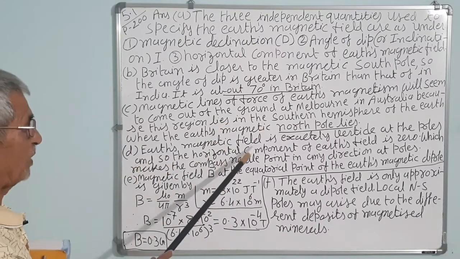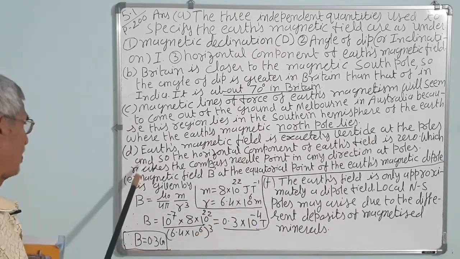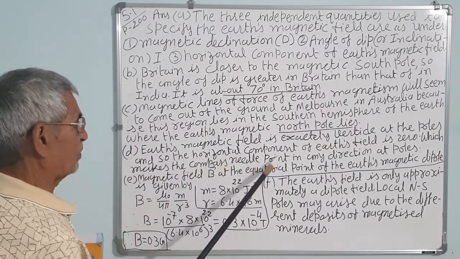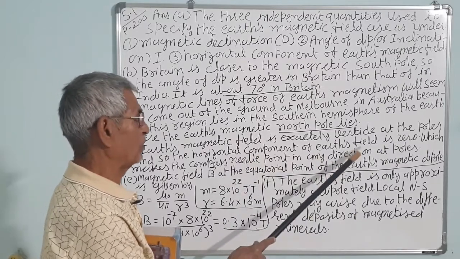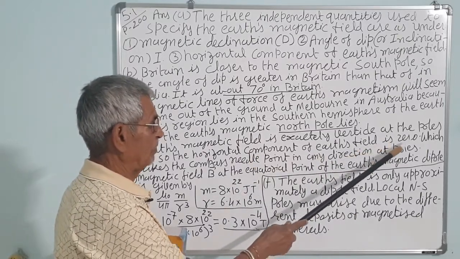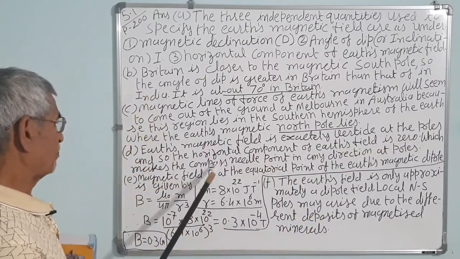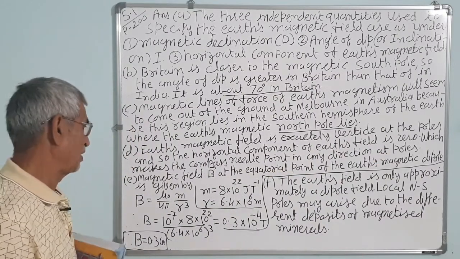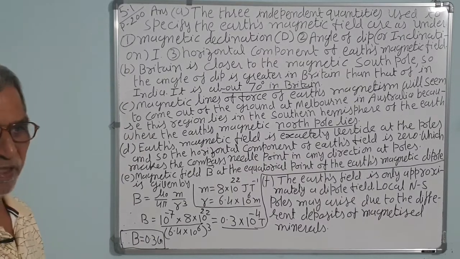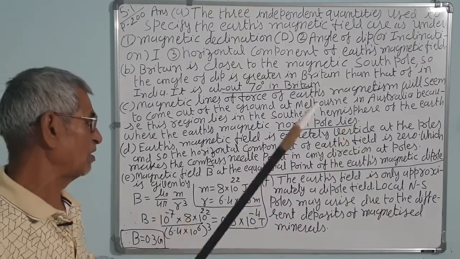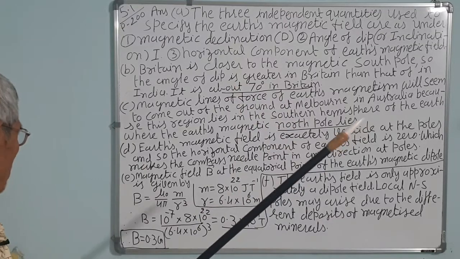The earth's magnetic field is exactly vertical at the poles, and so the horizontal component of the earth's field is 0. There is no horizontal component, there is only a vertical component, which makes the compass needle point in any direction at the poles, because the earth's magnetic field is at right angle at the poles.